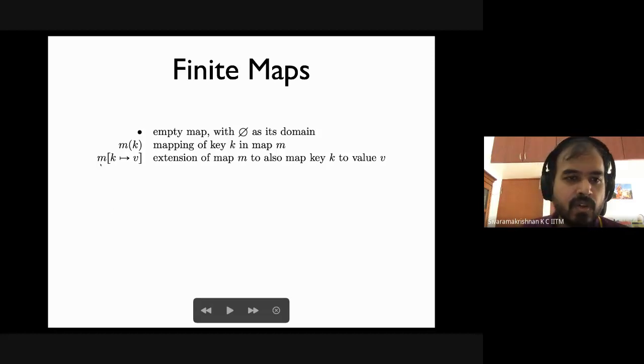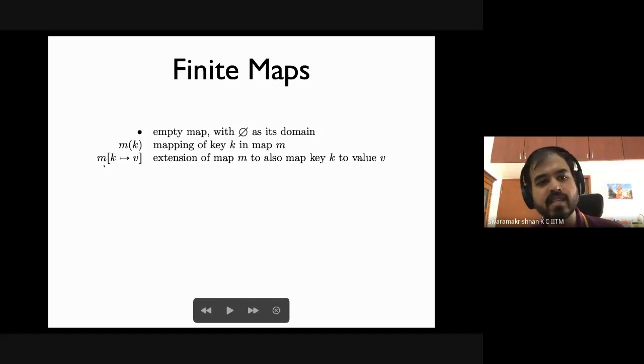If M is a map, then this syntax is a definition of a new map. This map contains all the bindings in M, and it additionally has a binding for K to V. And the way to read this is, if the binding for K is already in M, then this map shadows the binding for K. So if you look up K in this new map, what you get back is just V, because you're shadowing the previous map.